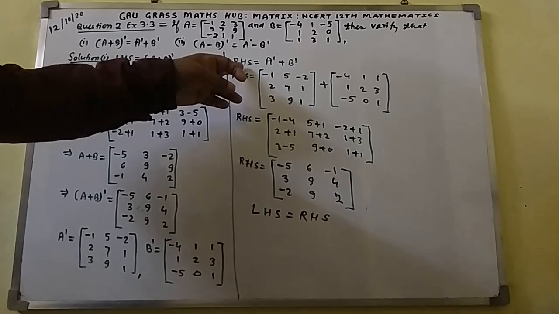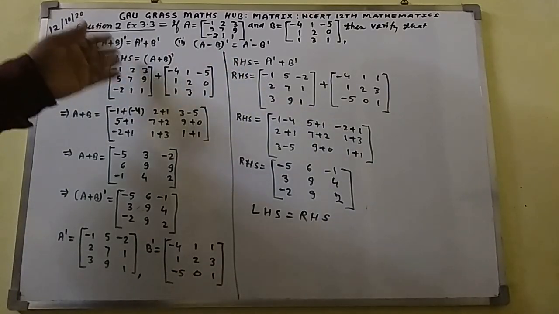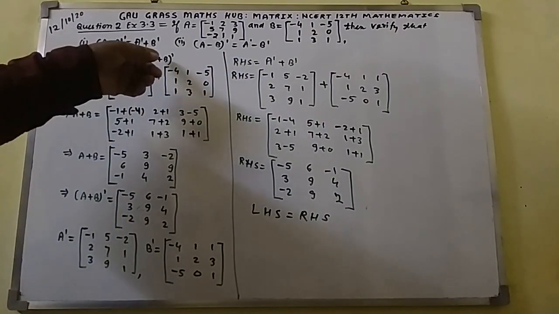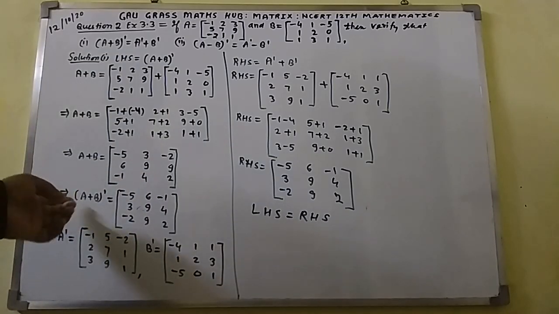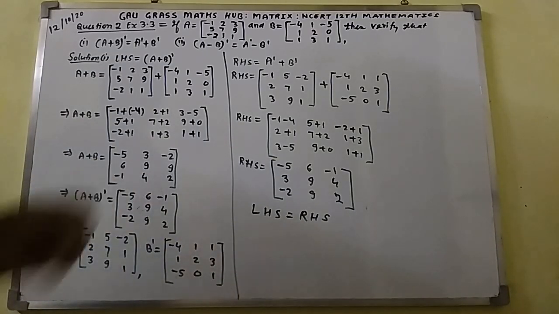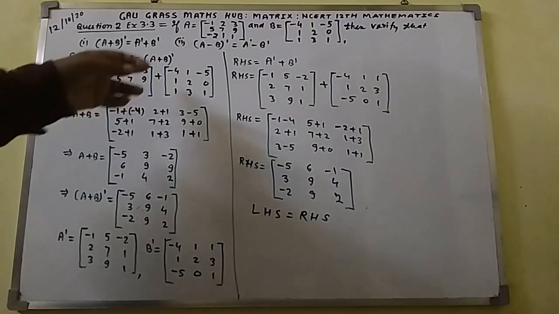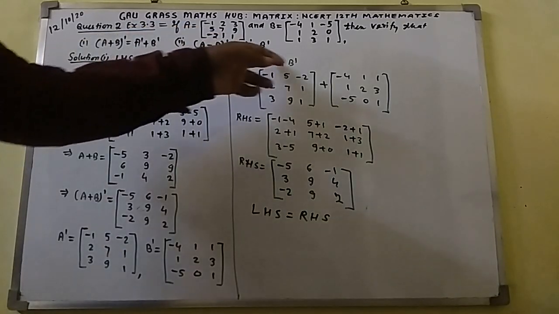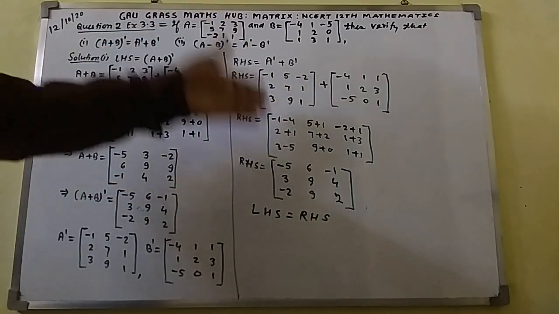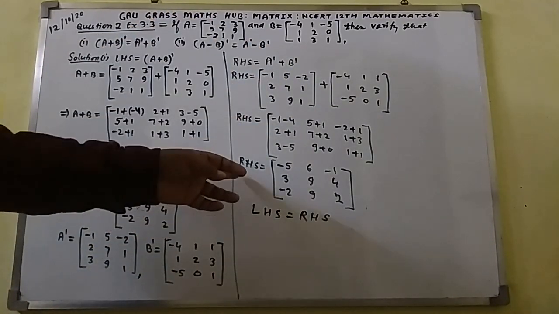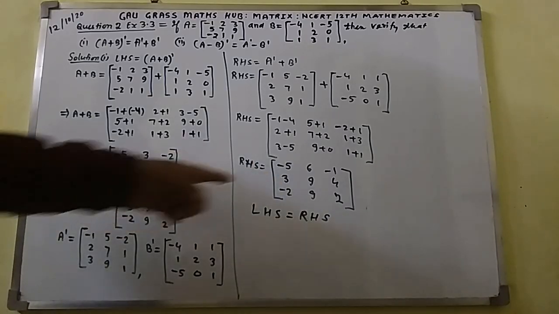First of all, I have taken the LHS. From the LHS I have got the value, the transpose of A plus B. Thereafter I have taken the RHS. For the RHS, I have written A dash plus B dash. Adding, I have got the final result for RHS equal to this one.